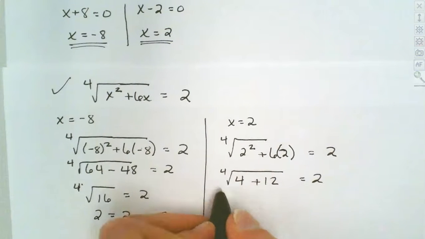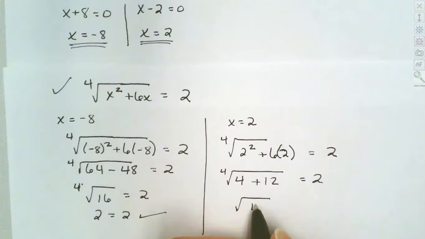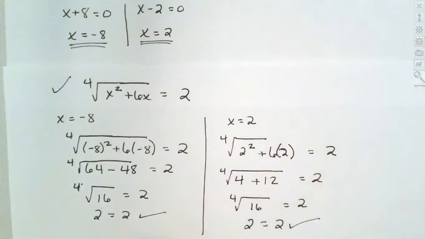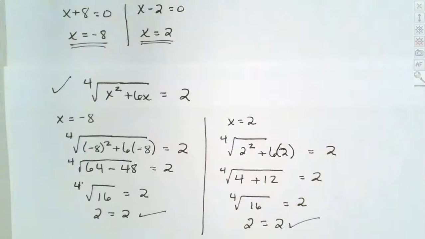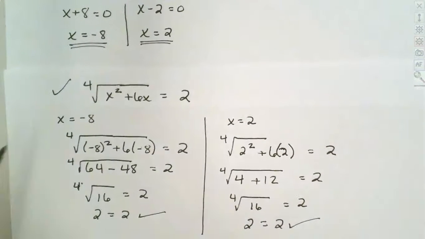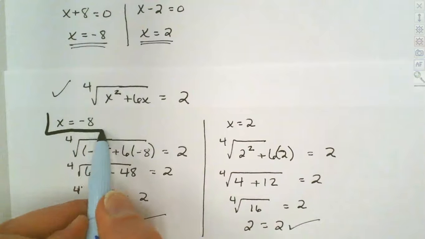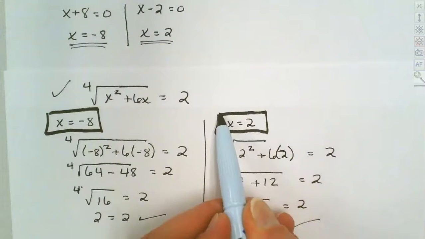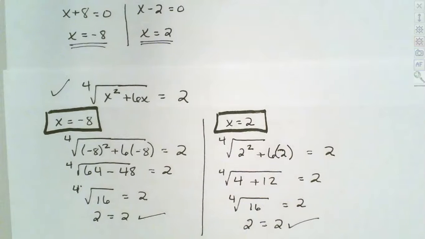And that gives you the fourth root of, again, 16. And the fourth root of 16 is 2. 2 equals 2. So both of these solutions do work. So my answer would be both of these because they both match up. But you, again, have to go back and check them.